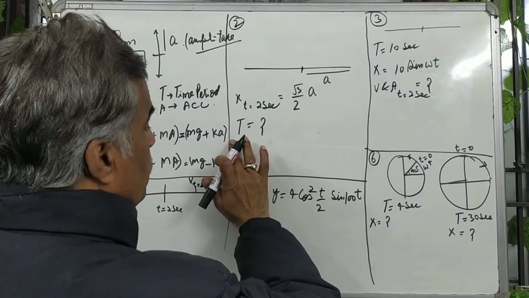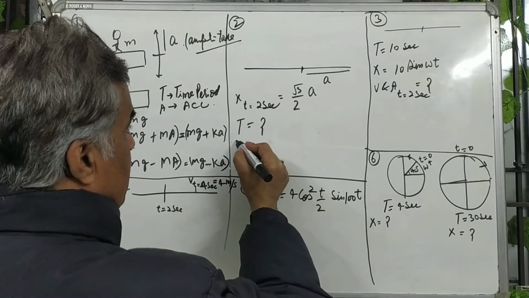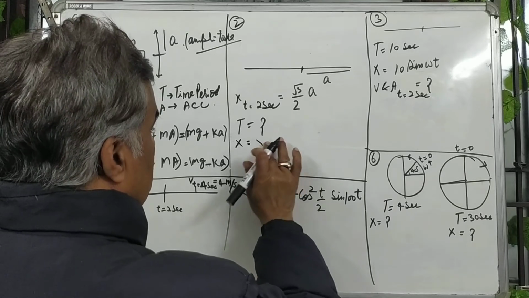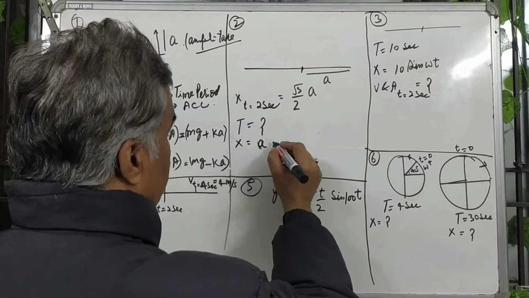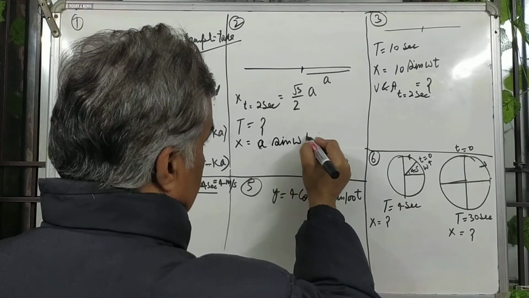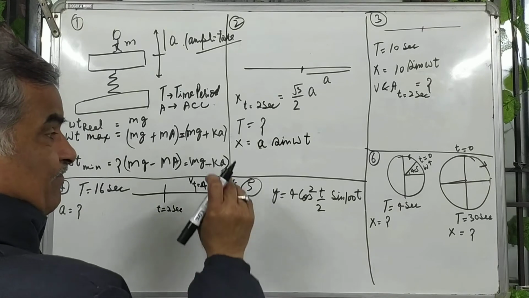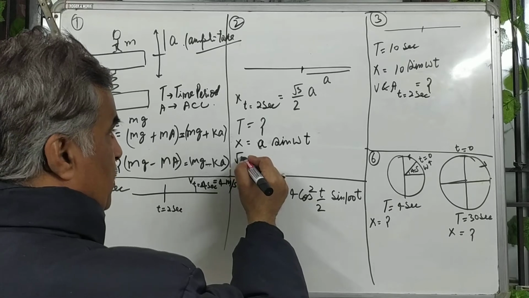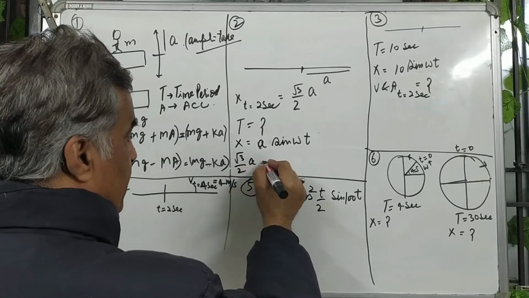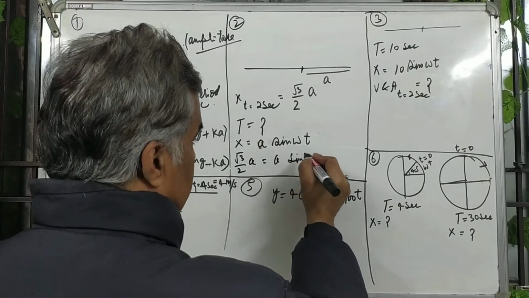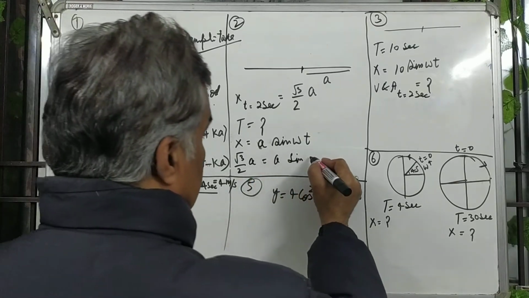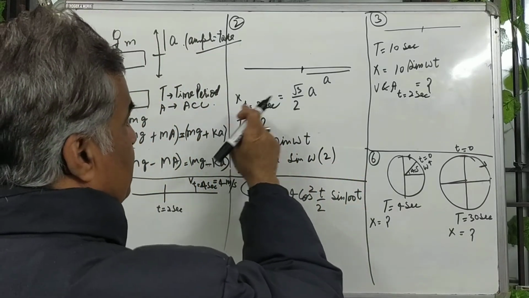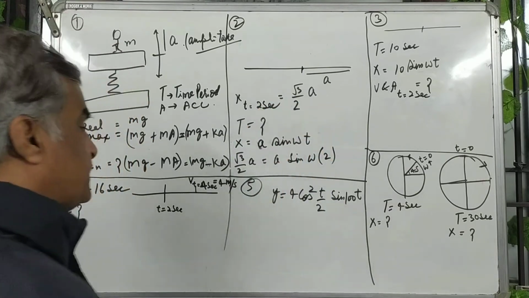As you know, displacement x equal x naught, or you may write amplitude A, sin omega t. So root 3 by 2 A equal A sin omega t, where omega is to be found, and time equal 2 seconds. It is given displacement at 2 seconds is this.